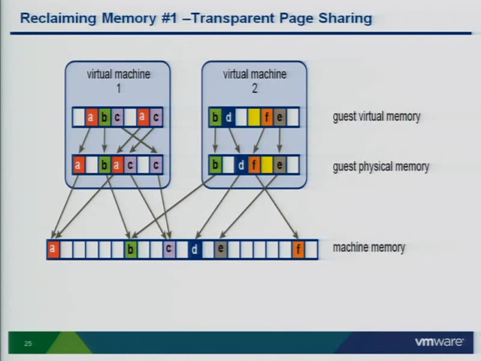And page B in virtual machine 1 has identical values. So there's no need for the hypervisor to store two pages until one of those virtual machines writes to their page. Instead, the hypervisor stores one page B, and then it does a copy on write when one of the virtual machines chooses to write to that page and change its contents. That type of thing is called transparent page sharing. It's on by default in ESX.